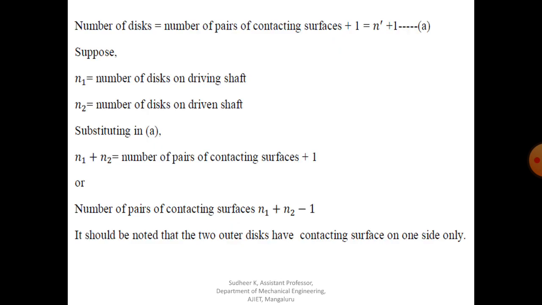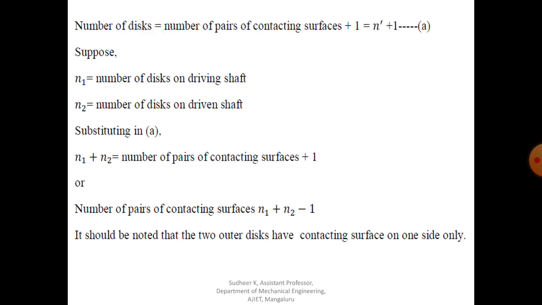Now coming to some of the important characteristics of the multiplate clutch. The number of discs should be equal to the number of contacting surfaces plus 1, because the number of pairs of contacting surfaces is always equal to the number of discs minus 1.